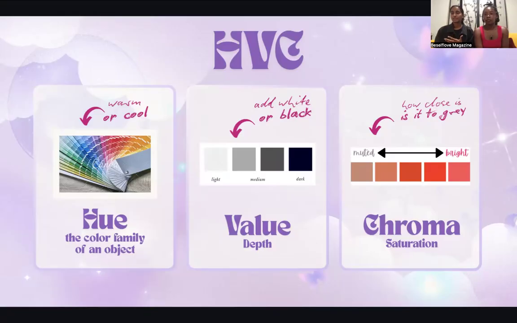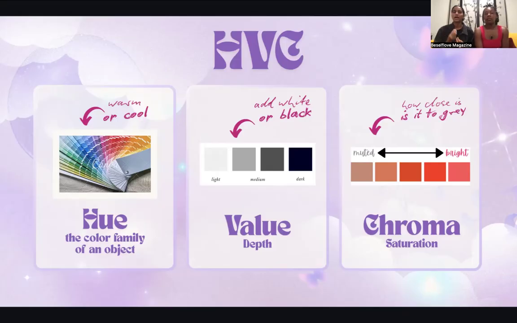There's lighter black, there's darker black, there's muted black, there's different types of black. And that is also the temperature of that hue. Is it warm or is it cool? Whenever you look at a color, is it closer to blue or closer to red or yellow?